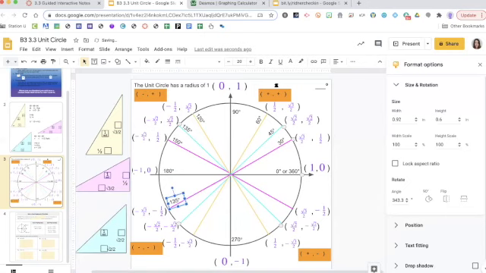We could also say 60 degrees shy of 270. So 30 degrees past 180 is 210.